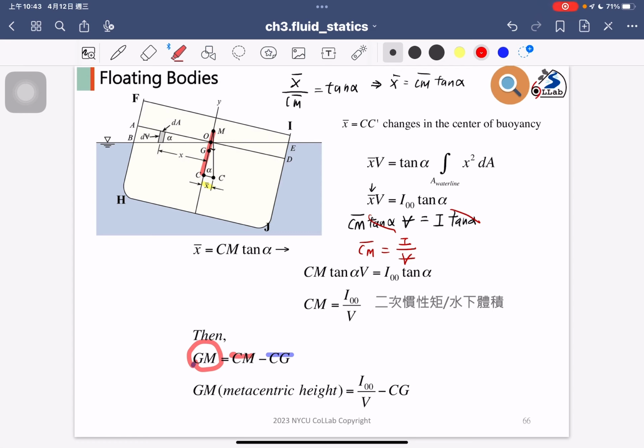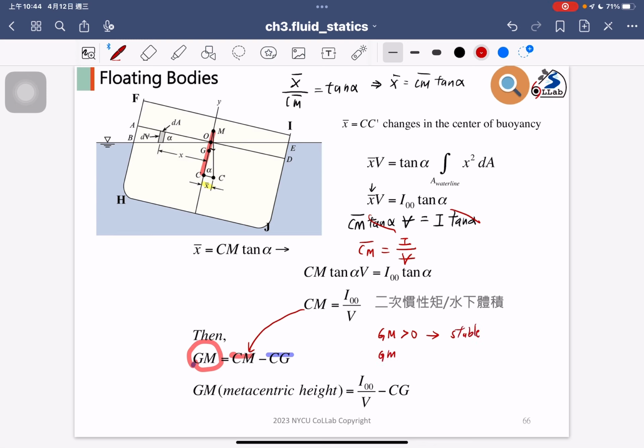Okay, so the most important thing to keep in mind is how we compute the Cn distance. The Cg distance is always easy to compute, and based on our exercise, you will know how to compute the Cg distance. That's our final purpose: if the Gn is larger than 0, we say it is stable.